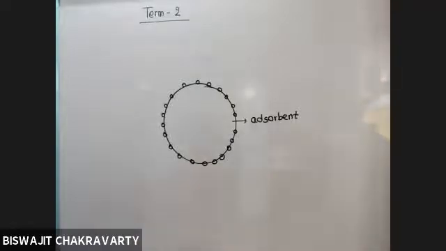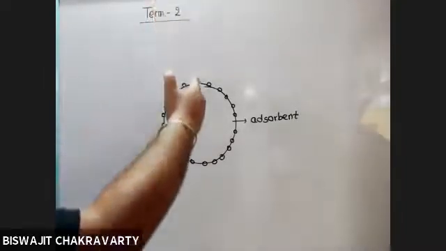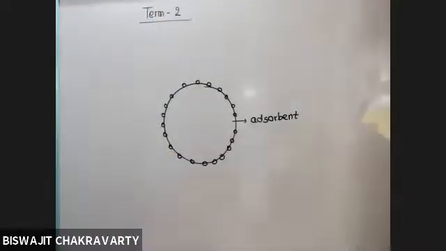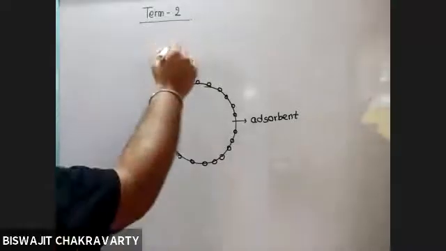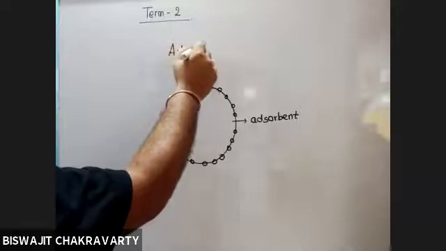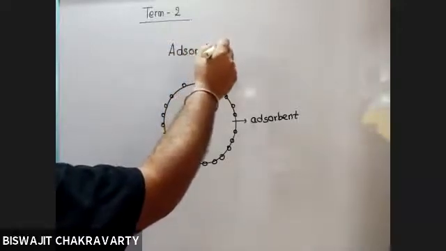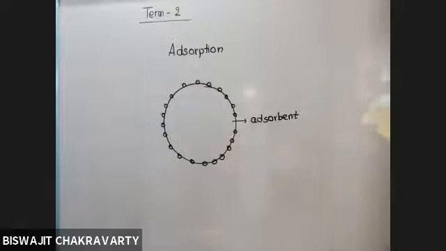That means initially when the adsorbate molecules are coming and getting adsorbed, we say that the process of adsorption is going on. But after some time, we will not notice any adsorption because the vacancies, whatever were present, are completely filled up.